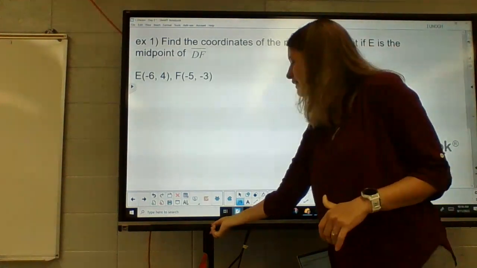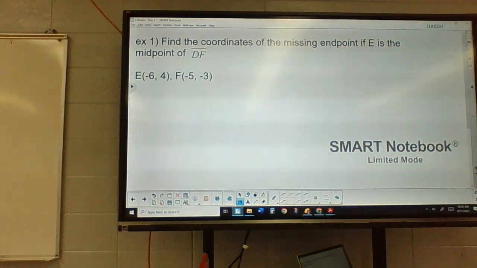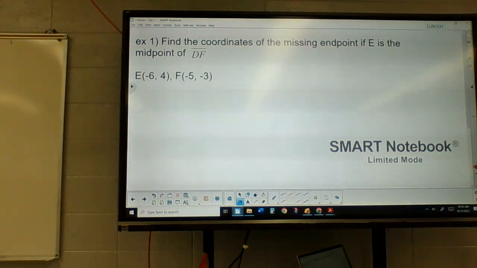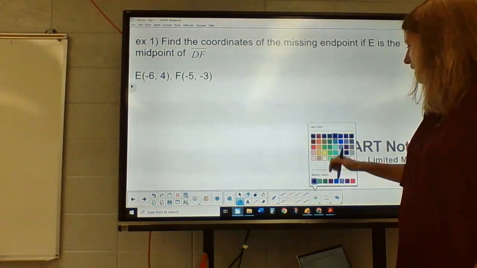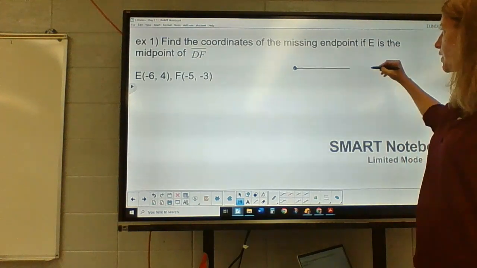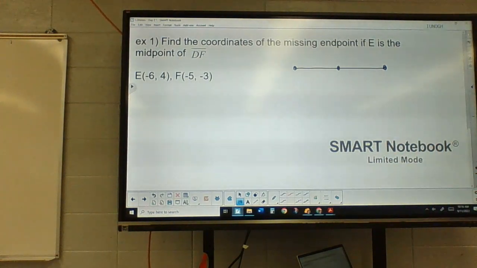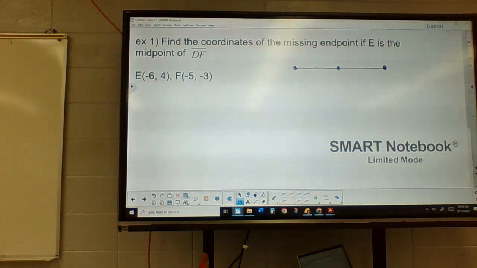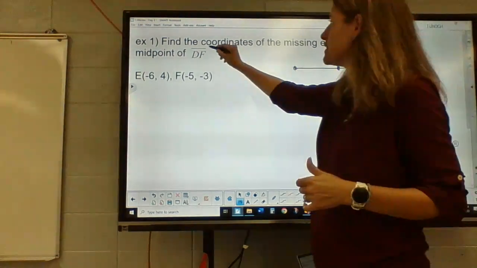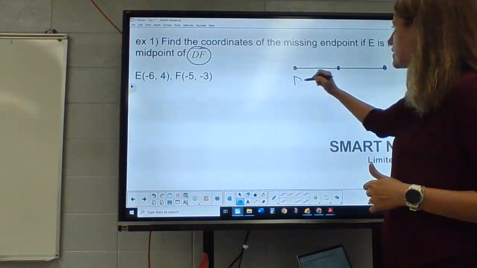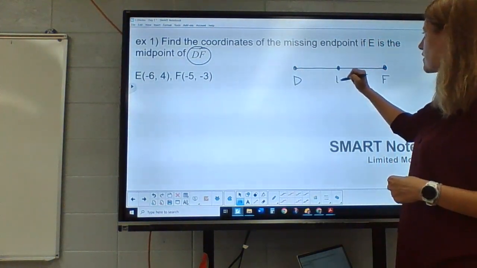So what they're telling us in this case, and I'm not going to draw this on a coordinate grid, I'm just going to draw a straight line just to save time. So what I have is a midpoint, but they're not telling me both endpoints. They're telling me E is the midpoint of DF. So DF is our segment, and E is our midpoint.